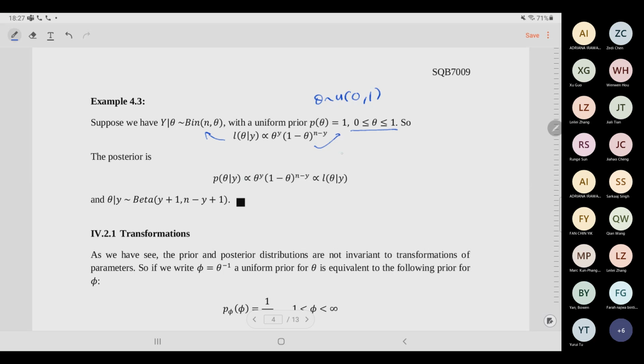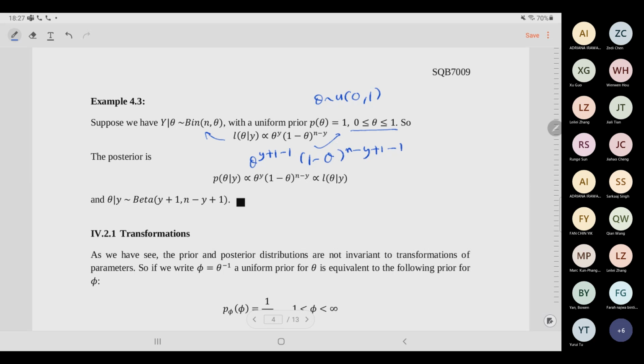If you look over here, this is the kernel of a beta distribution. So you have theta to the power y plus 1 minus 1, and 1 minus theta to the power n minus y plus 1 minus 1.